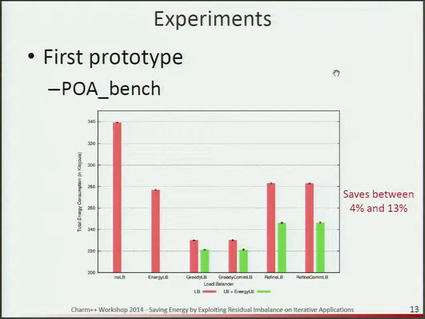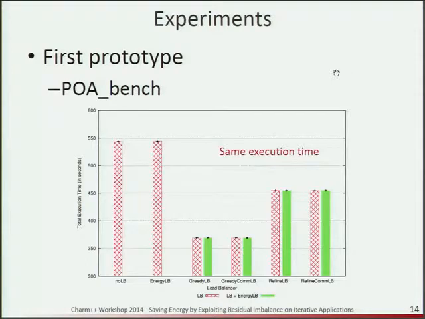However, if we use these load balancers together with energy LB, and so these are the 4 green bars here, we are able to save from 4 to 13% more energy, okay? Just working on this residual imbalance that we have in these sockets, okay?